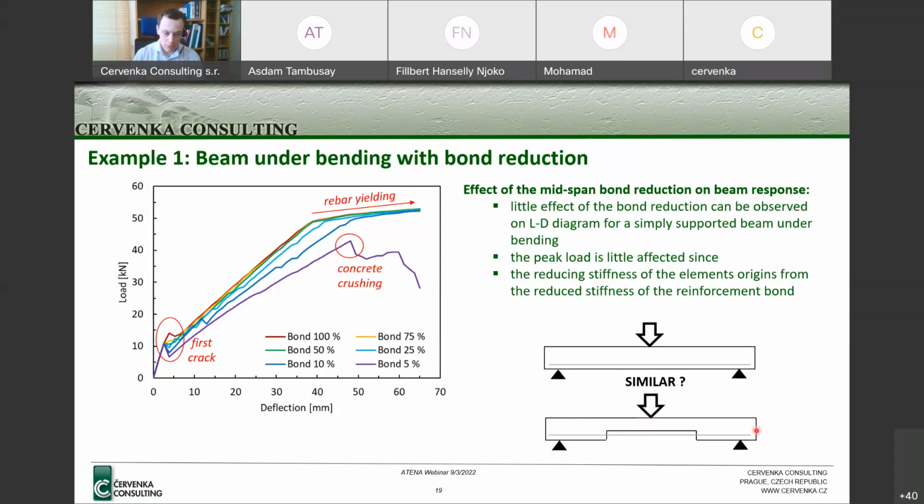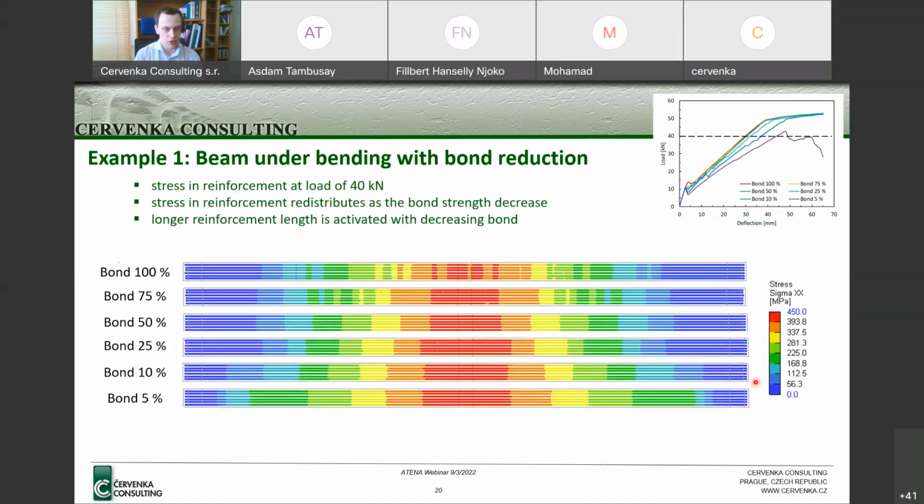Probably if I try to shrink the beam, make it shorter, then there will be some significant impact of shear forces, and for this the reduction of the bond is more sensitive. But in the bending behavior, we don't see much.